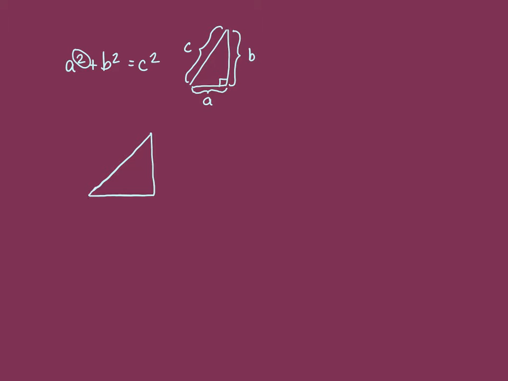Now, where that squared part is coming from is from here. Let's say that this is our A again, just drawing it down here because I have a little more room.